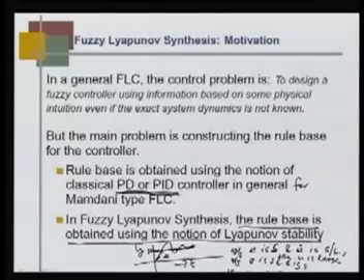But if E is small and E dot is large, obviously I must reduce the control action now, so in that case U is negative small instead of positive small. Like that, the normal rule base is built for a PD or PID type of controller.